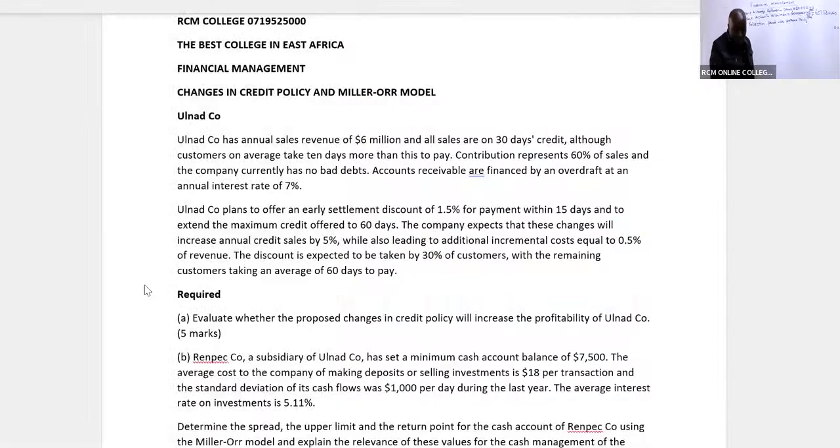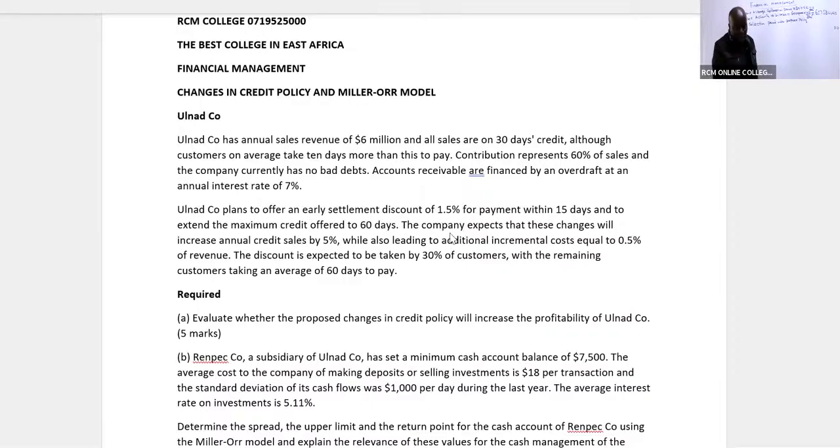You can see down here, ULNAD company plans to offer an early settlement discount of 1.5% for payment within 15 days. So we want to entice and to extend the maximum credit offered to 60 days.